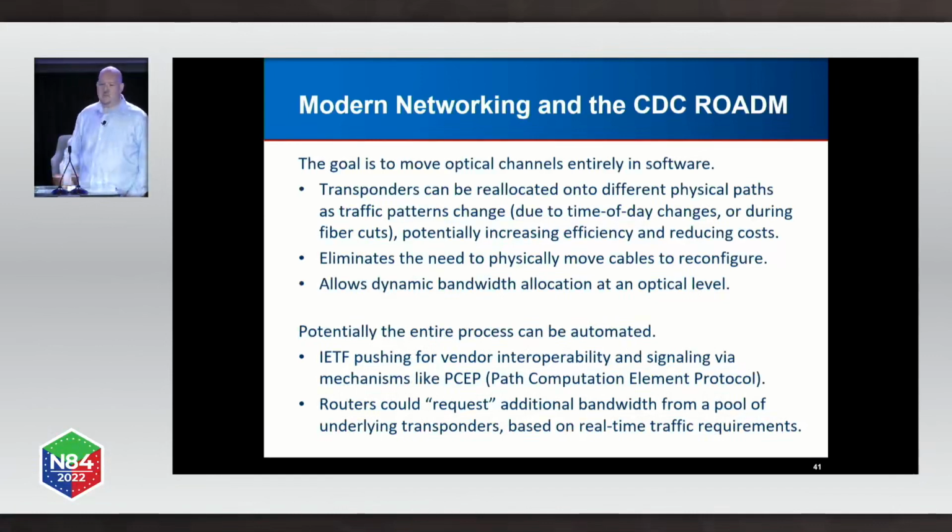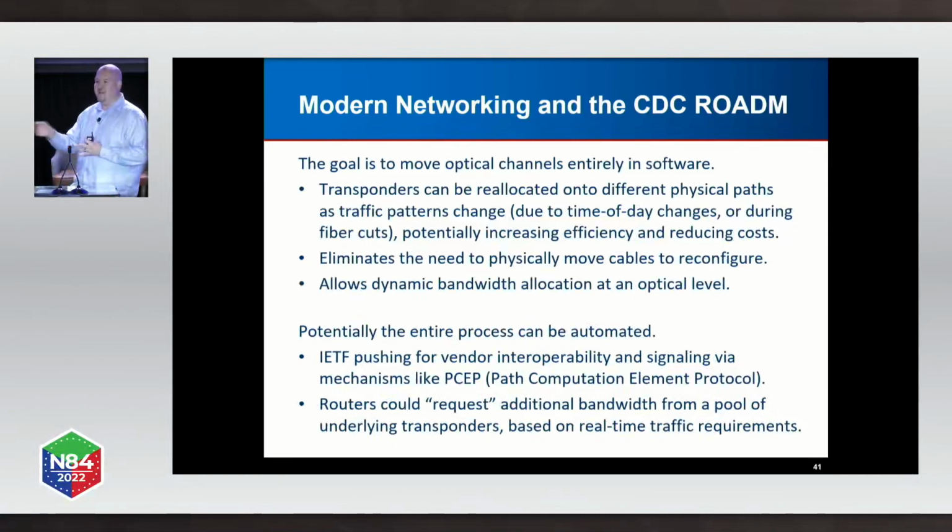So you're looking for that evolution, and where this moves into is something called, originally it was called GMPLS, Generalized MPLS, and it moves into a new technology called PCEP, Path Computation Element Protocol. So you're taking the elements of traffic engineering that you would do in MPLS, that you would do in segment routing, where you say, I know that this router needs to send 50 gigabits to that router, and you're tying it into the optical layer.